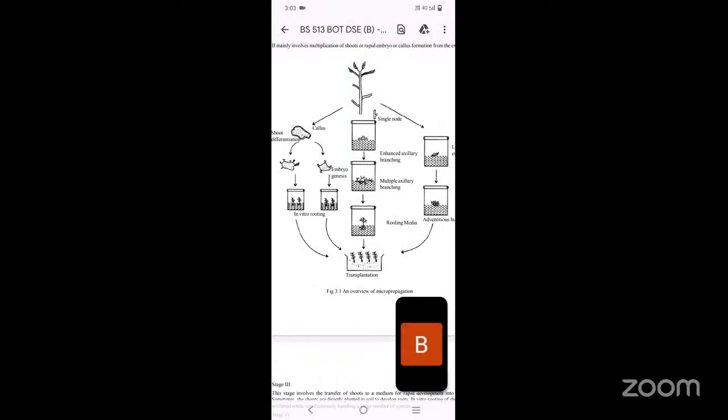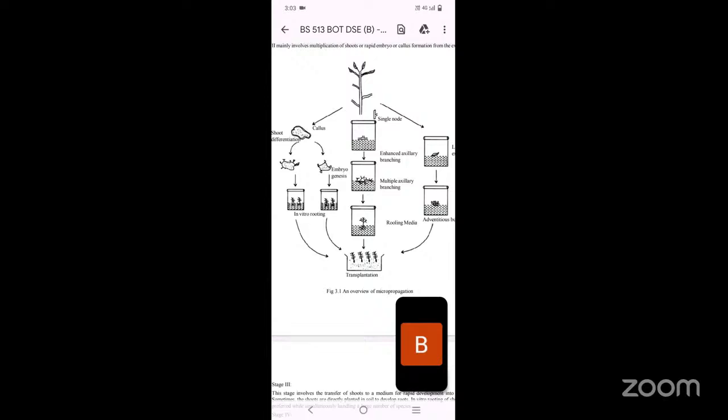Okay. So these techniques are there in the semiclonal somatic means micropropagation. In stage zero, what happened here?